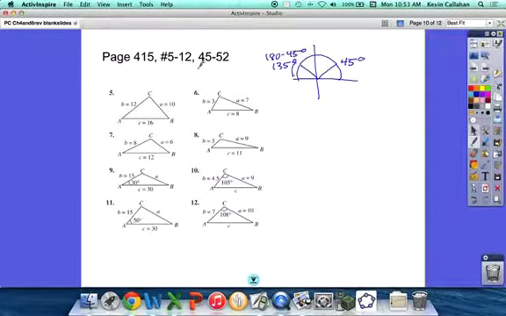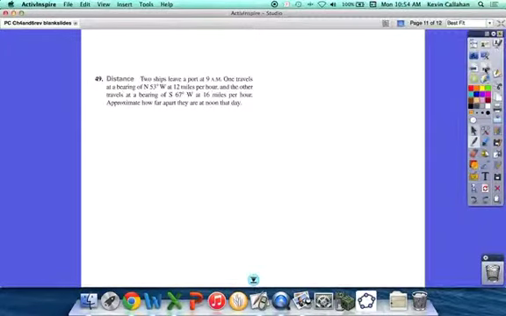Right, now, the 45 to 52, those are kind of like the word problems in our homework last night. I mean, that's where those come from. It's that page. We did some of these in our homework. So there'll be one like that. I think that is it. We did that one in the homework last night.